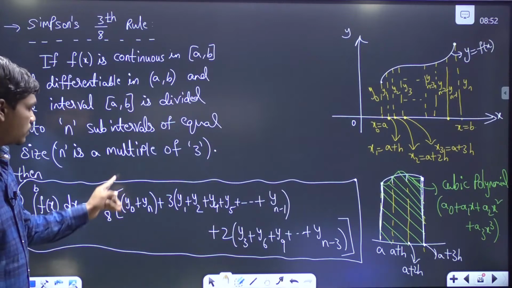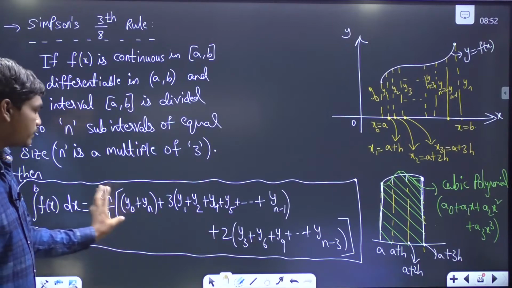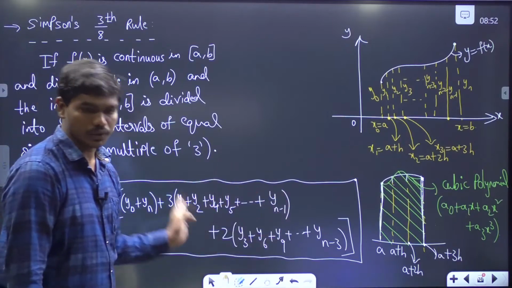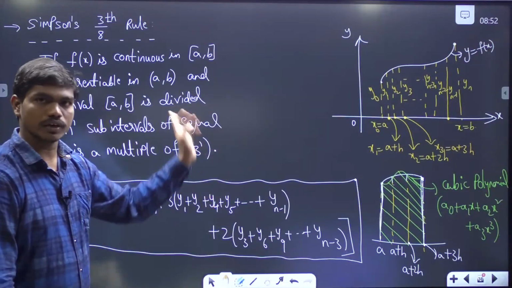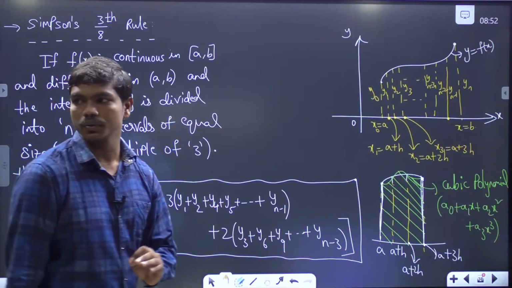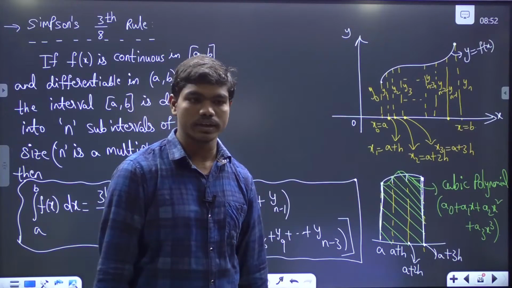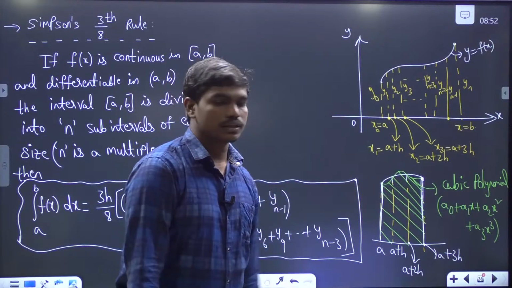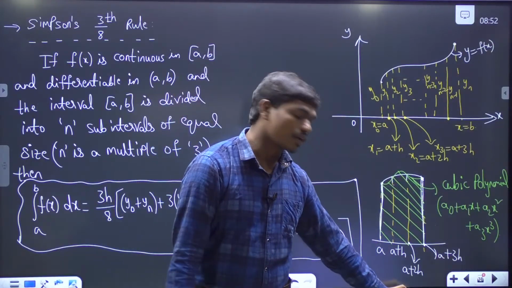So 3/8 is the value that comes here, meaning 3/8 of h into this complete value, and likewise 1/3 into the complete value in the 1/3 rule.